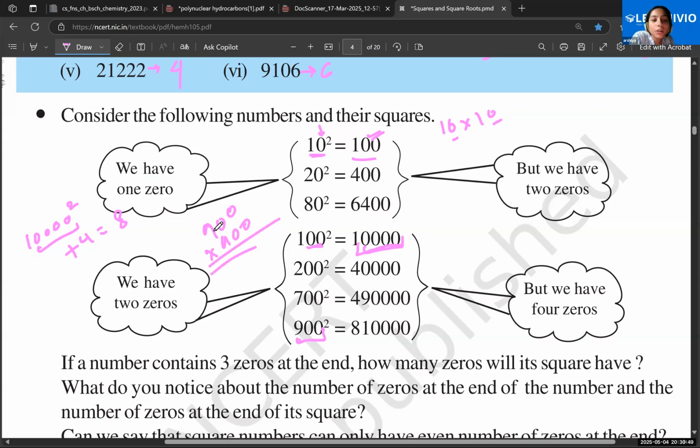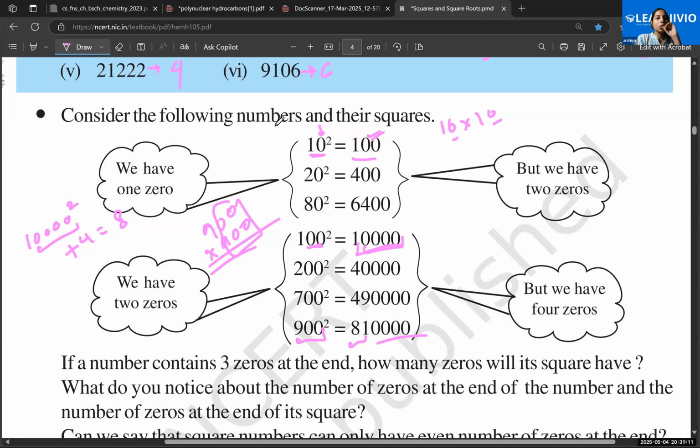You'll just find the square of 9, which is 81, and add 4 zeros. So is it clear how you will find the square of the numbers which have zeros? Yes, ma'am.